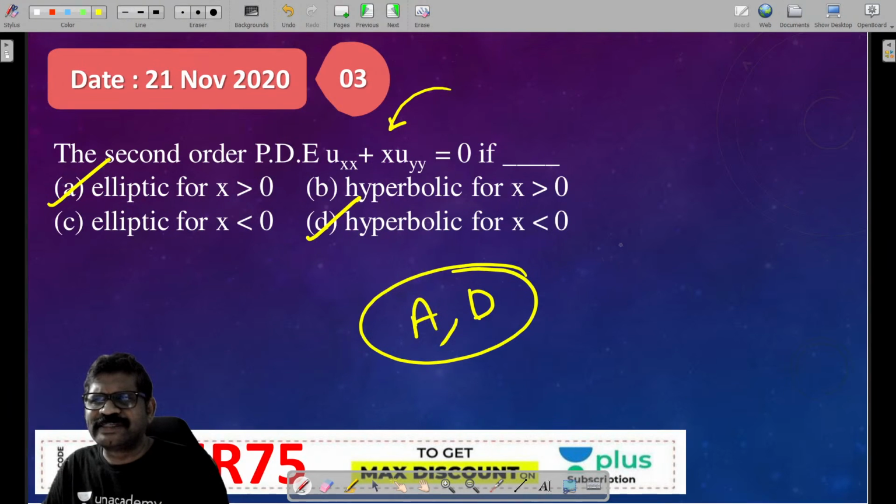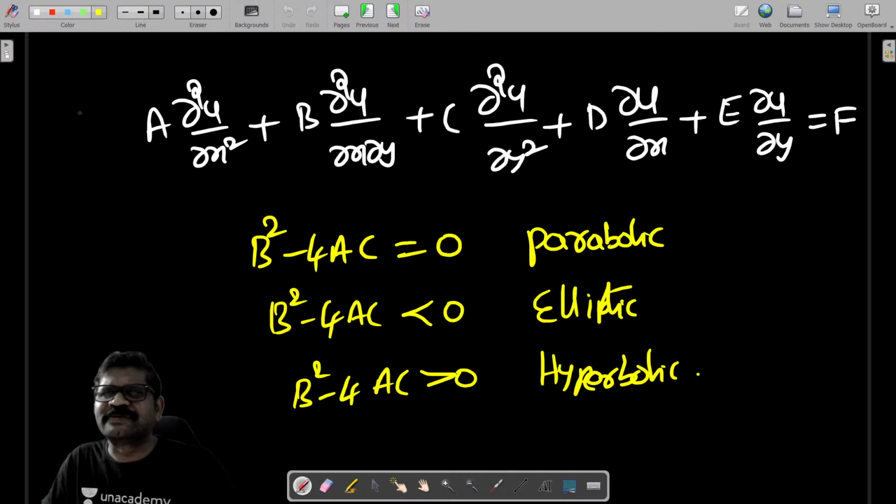This method is classification of second order partial differential equations. This is the procedure of classification.